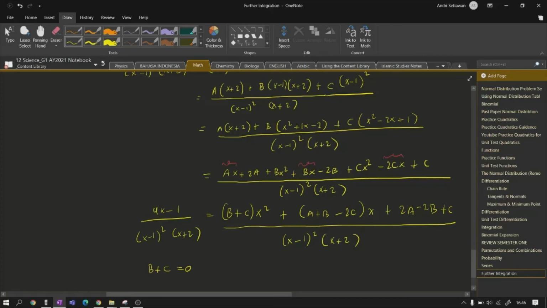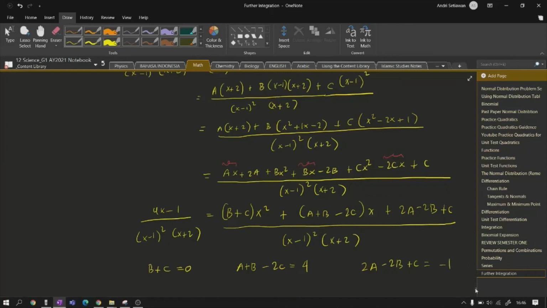For the next term, the coefficient of x on the right side is a + b − 2c, and on the left side the coefficient of x is 4, so this equals 4. For the constant, 2a − 2b + c equals the constant on the left, which is −1.